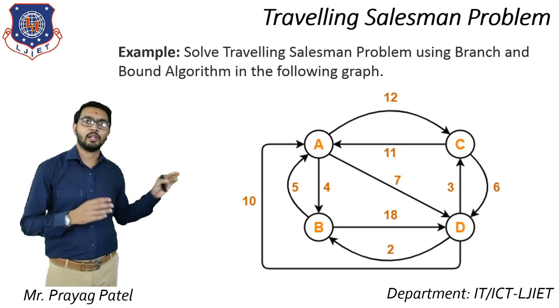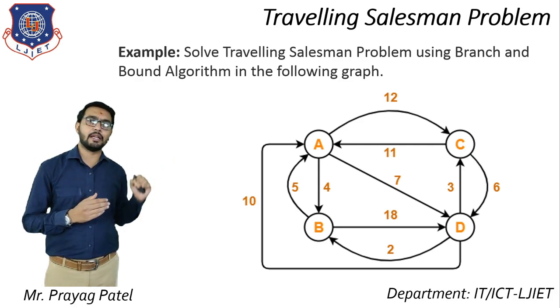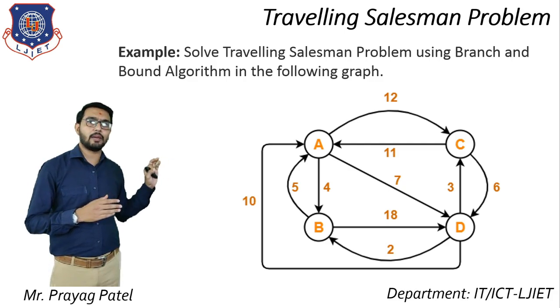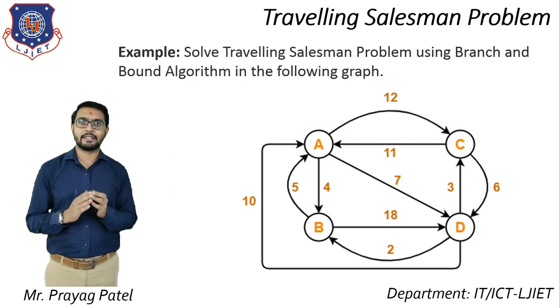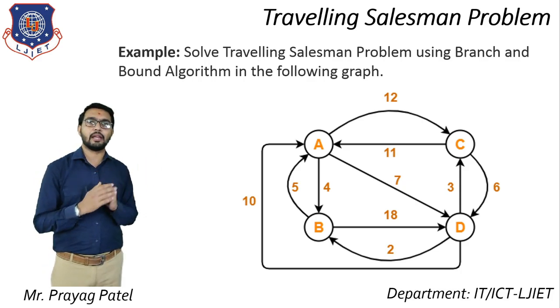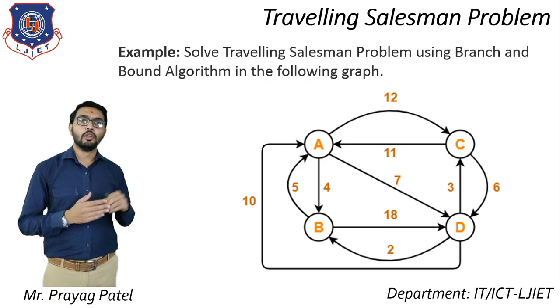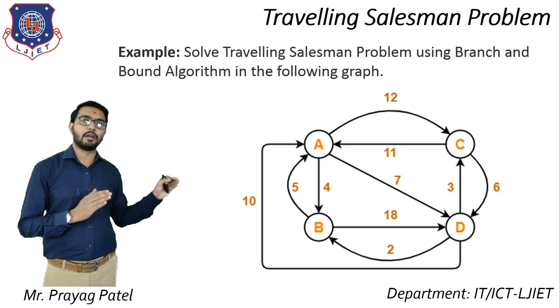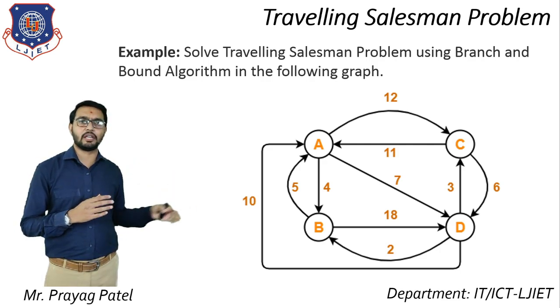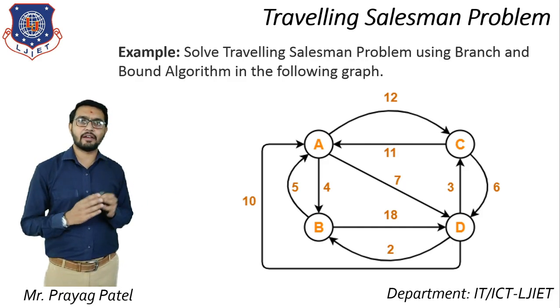Here in this graph we have 4 nodes A, B, C and D. Consider the nodes A, B, C, D as 4 cities, and the starting node as node A, meaning your starting city is A. Now you visit the cities one by one, meaning you visit city B or C or D first, and you cover each and every city.